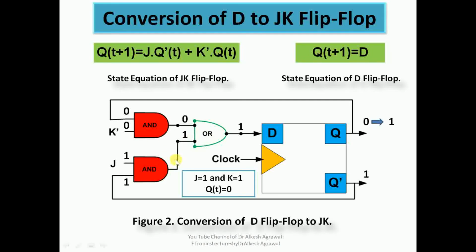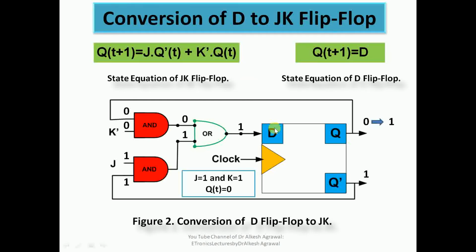So this J and Q complement is ORed with K complement and Q(t). So through this OR we give input to this D input. So now at the D input, what we have implemented is J and Q complement(t) or K complement and Q(t).